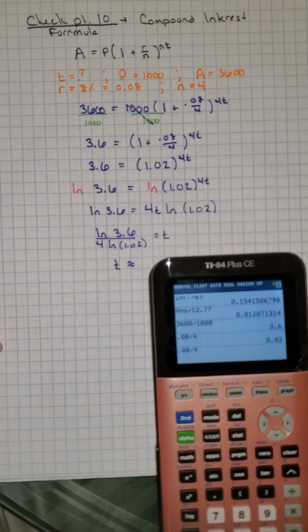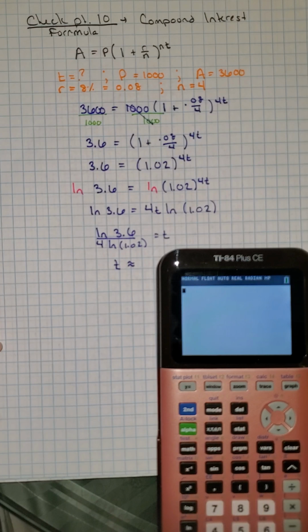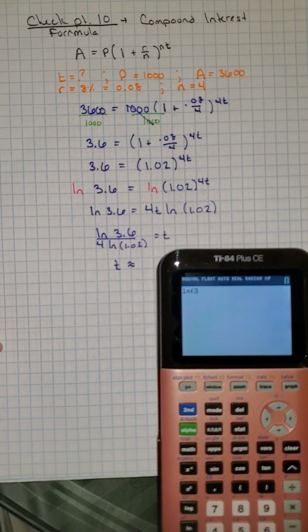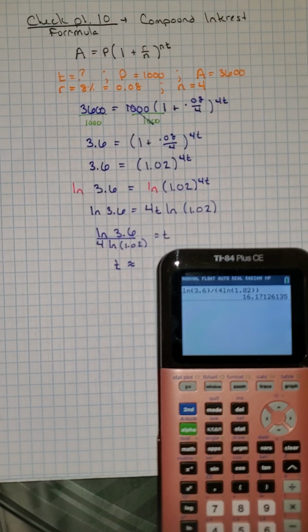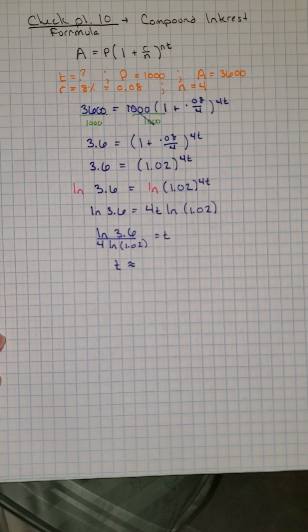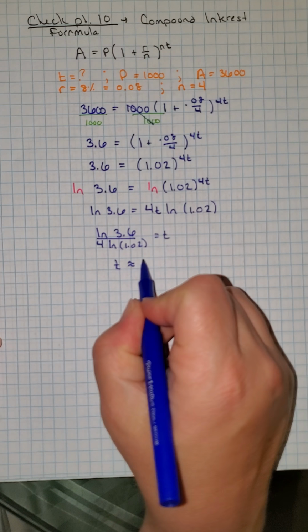So t is approximately, let's see, natural log of 3.6, close the parentheses, divide by, I'm going to start a parenthesis and do 4 natural log of 1.02. We get 16.1, but I think it said round to the nearest tenth of a year. So it'll be 16.2 years.